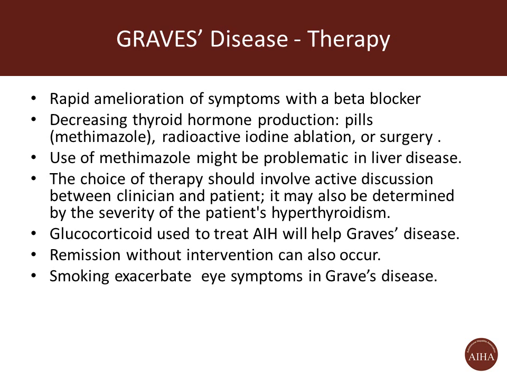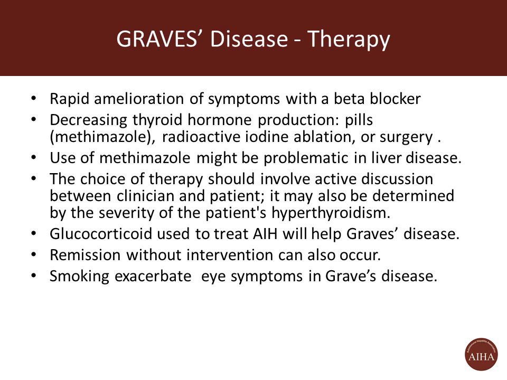So the choice of therapy really depends on the degree of hyperthyroidism and the clinical scenario the patient is in. That should involve a discussion between the clinician and the patient on the best way to tackle this problem. I have to mention that glucocorticoids, steroids, and prednisone, when they're used for autoimmune hepatitis, typically also ameliorate Graves' hyperthyroidism significantly.